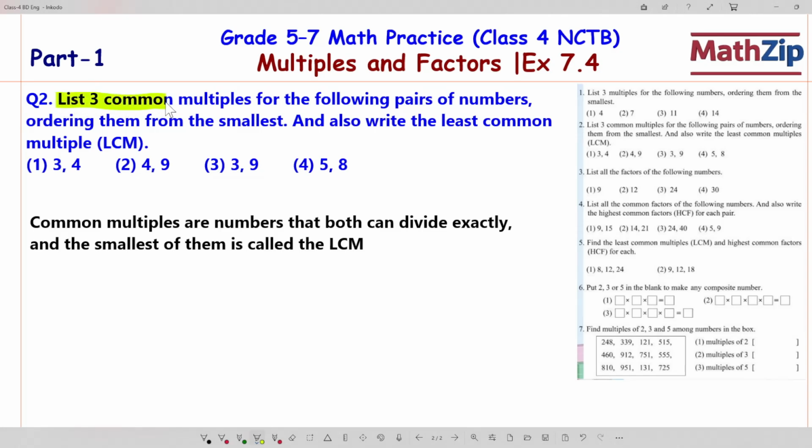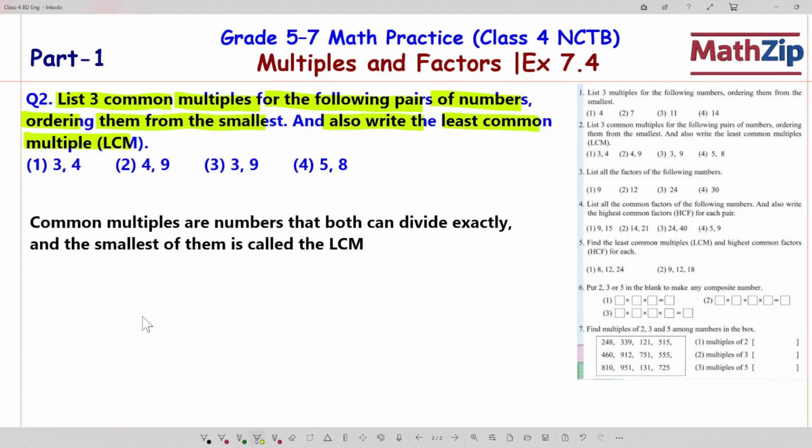List 3 common multiples for the following pairs of numbers, ordering them from the smallest, and also write the least common multiple, meaning LCM.